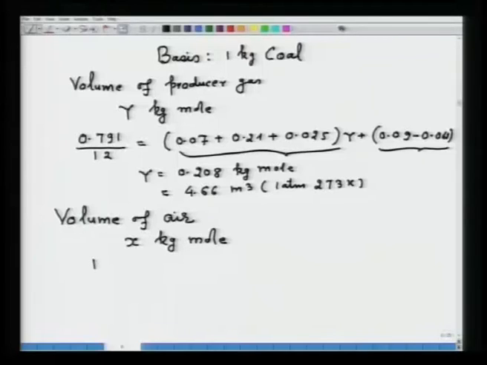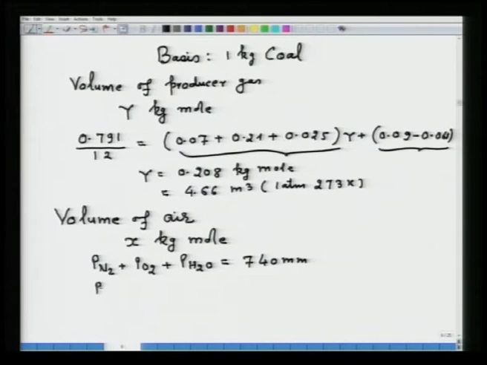So, PN2 plus PO2 plus PH2O equals 740 millimeter, that is given to us.